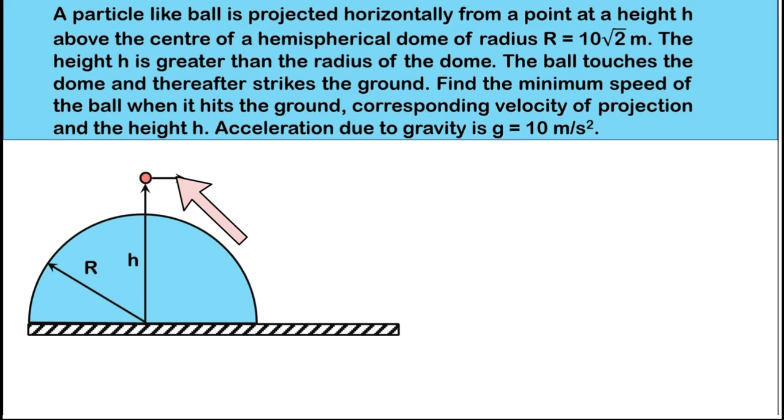And this minimum cannot be zero, right? Because if you give the zero velocity, it will just go down vertically downward. So it has to satisfy this condition that this ball will not strike at any angle, but this ball actually grazes through the surface of this hemispherical dome. So it just touches this hemispherical dome one time, right?